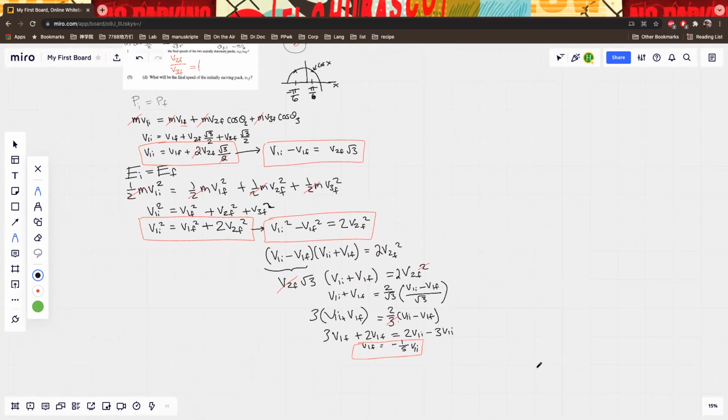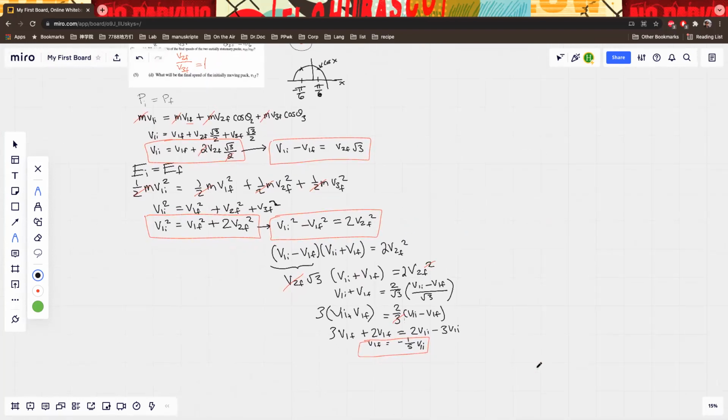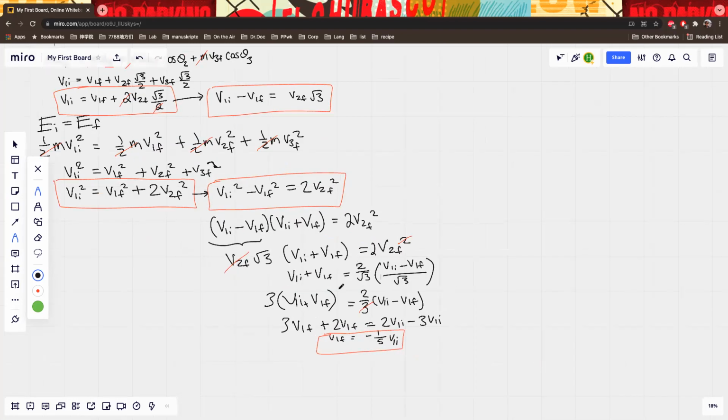Yeah, the part where you sub in V1I minus V1F, that's what got me. Like subbing that in instead of subbing in just one variable. Oh, so I substituted this whole thing. Yeah, I substituted V2F square root of 3 over here.